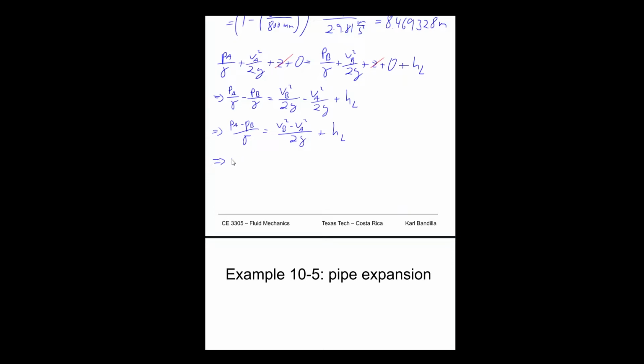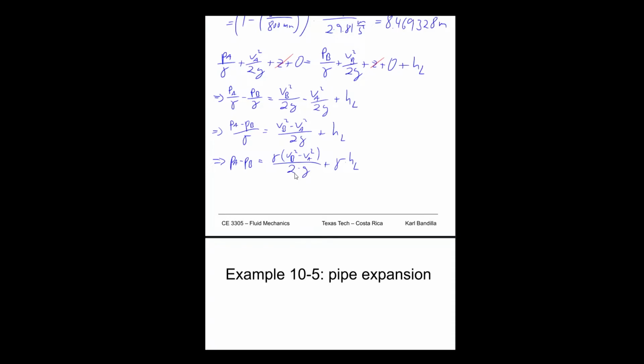So PA minus PB is equal to gamma times VB squared minus VA squared divided by 2 times G, plus gamma times HL.